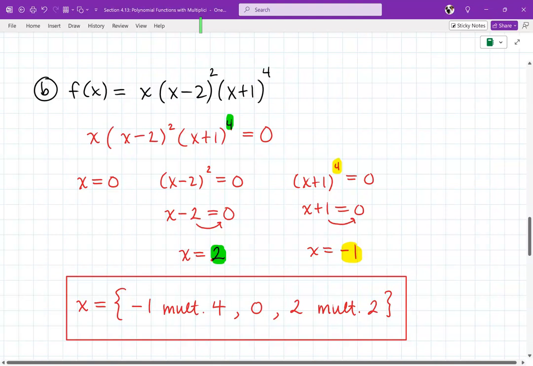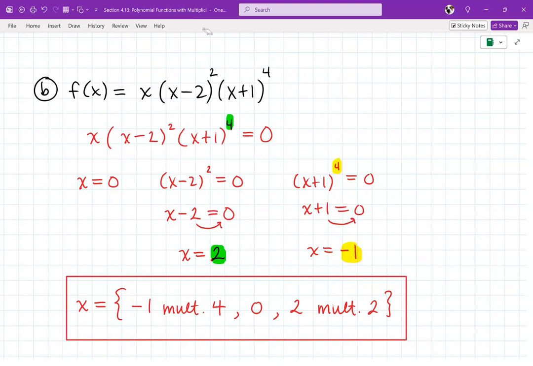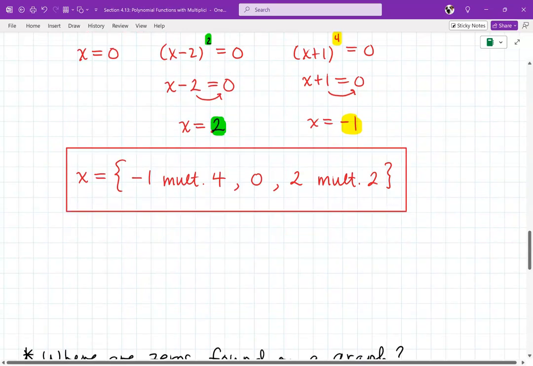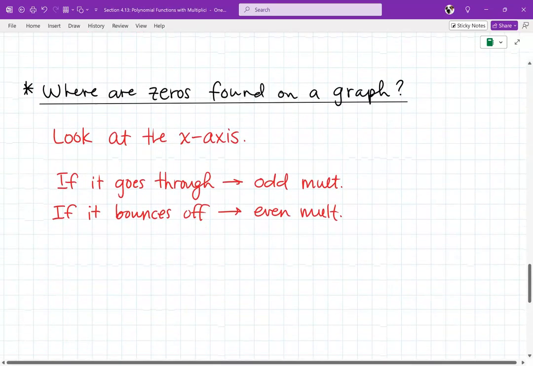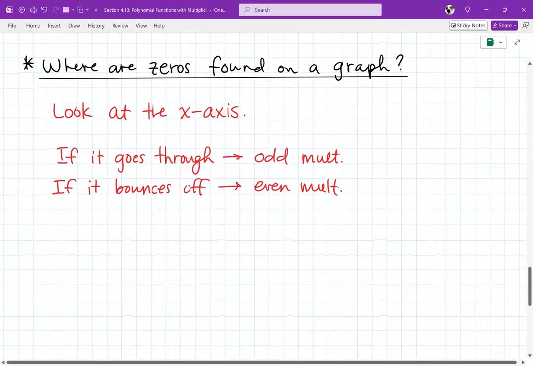Whereas 0, well, it was x to the first. That's where it came from. It's just the power of 1. So are we okay with, oops, hold on, I messed up on this one. Should have been right here. Sorry. Are we okay with this so far? So this next one, I'm going to pause it to give you guys time to write this down. And then we're going to finish off with the picture.